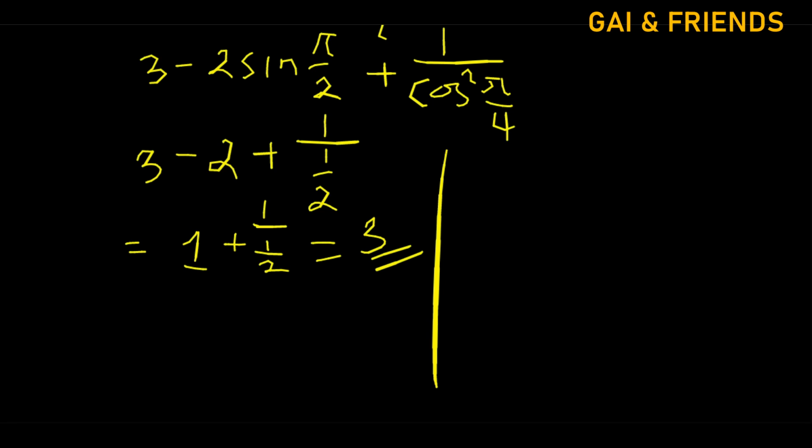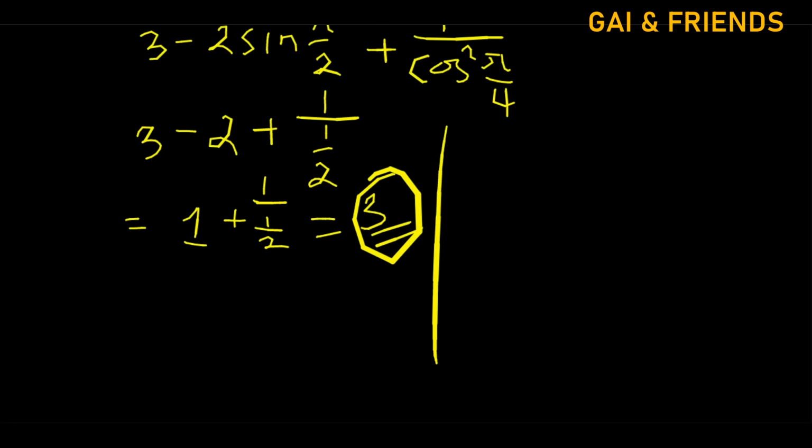Moving to step 4. We know that the equation of the line goes this way: y minus y1 is equal to m outside x minus x1, where m is the gradient, and x1, y1 is the point on the line.